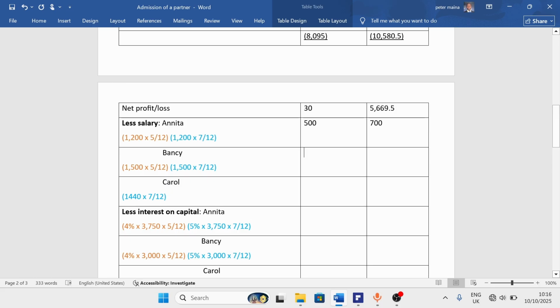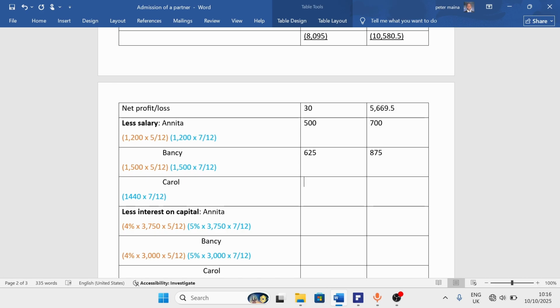The annual salary is 1500. So 1500 we multiply by 5, divide by 12. For the first period, the salary will be 625. For the next period, the salary will be 1500 multiplied by 7, divide by 12. That is 875. And then finally, Caro.